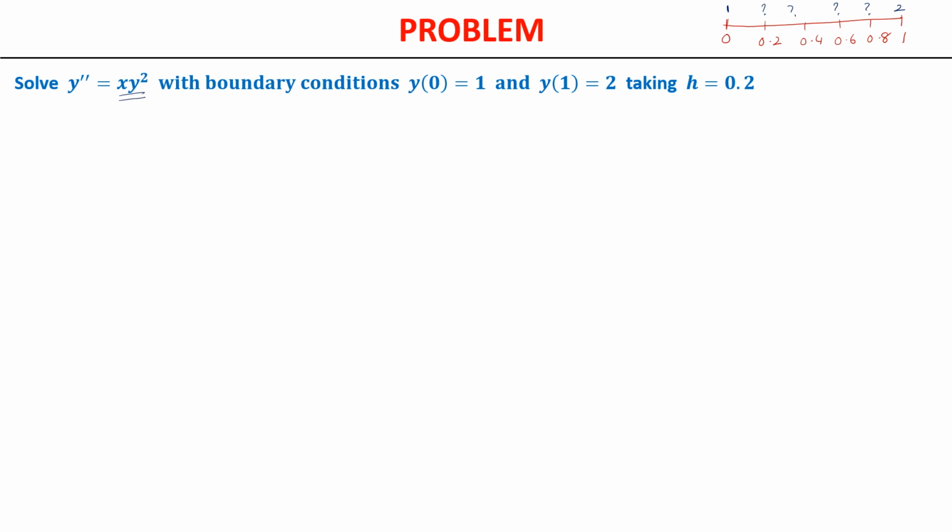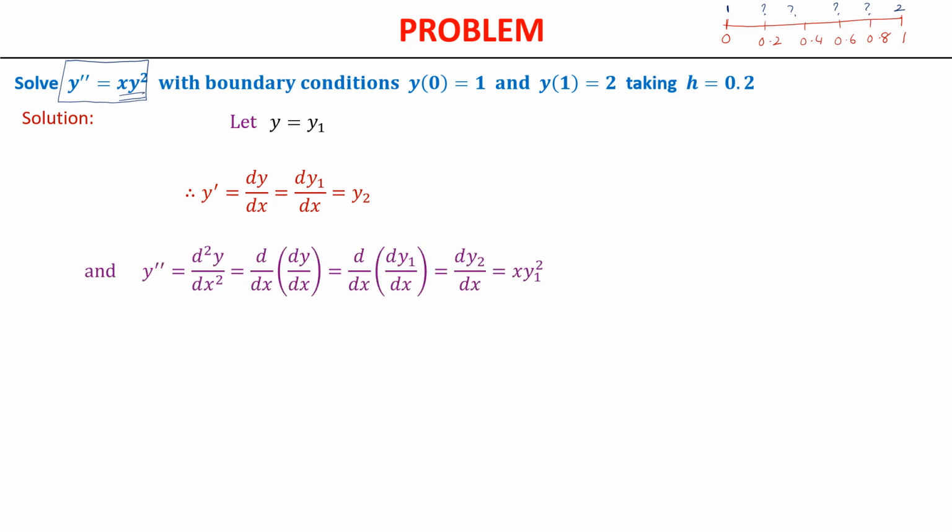But before we proceed with the slopes, we have to first talk about the reduction of the second order ODE into two first order ODEs. We shall do that first and that shall be shown in this slide. As we explained in our theory, we choose y equal to y1 so that y dash will be equal to y2, and y double dash is equal to x y, that is dy2 by dx, which is nothing but x y square, or y can be written as y1 square.